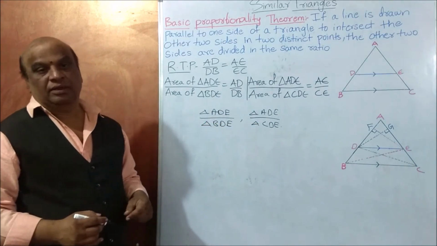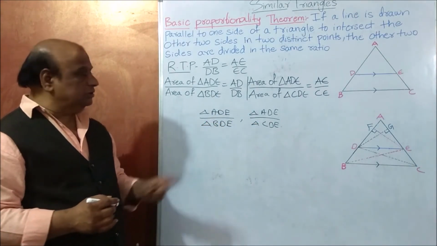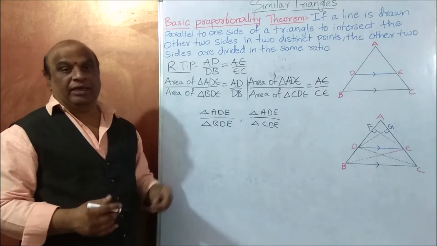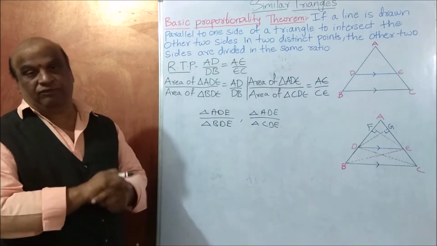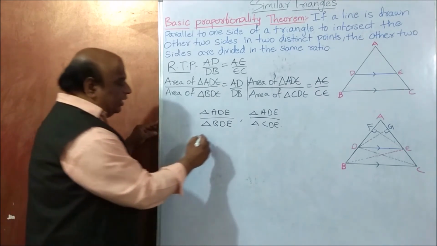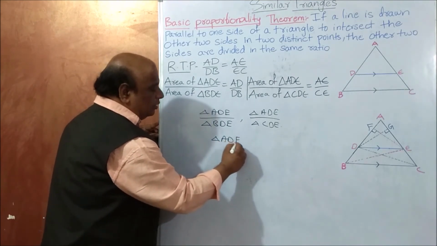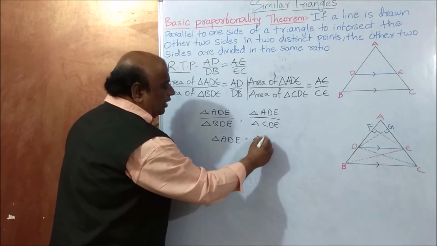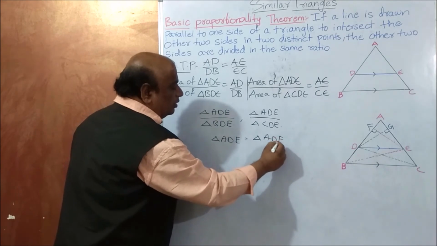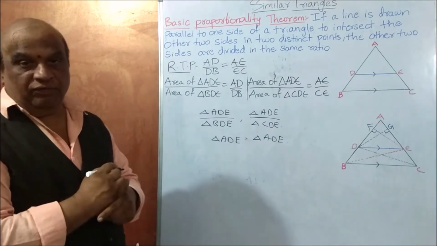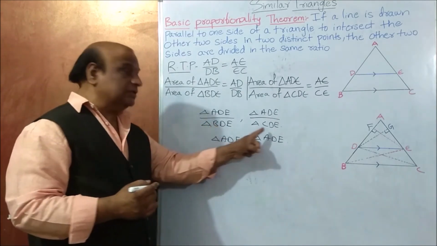Now if you observe these ratios, numerators are equal. ADE: every triangle is equal to itself. So triangle ADE is equal to triangle ADE. Now what about the denominators?